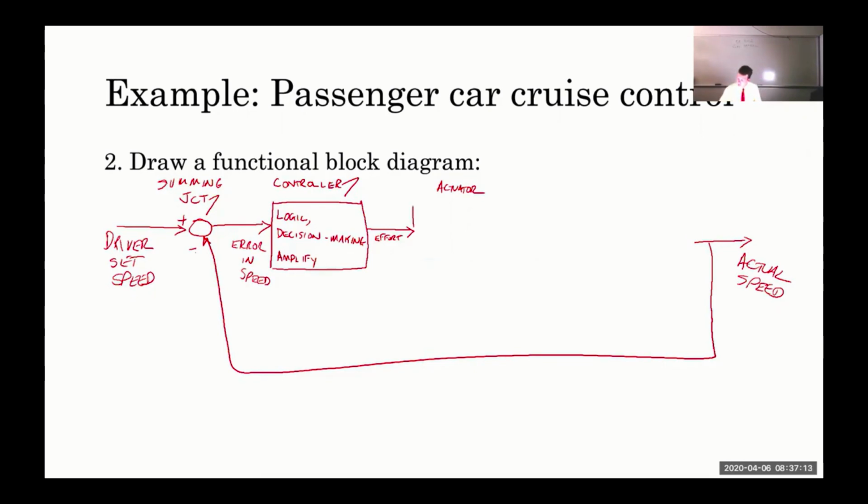So what would that be in our cruise control example? Well, the throttle in a car controls the amount of fuel that goes to the engine. So that should probably be thrown in here.